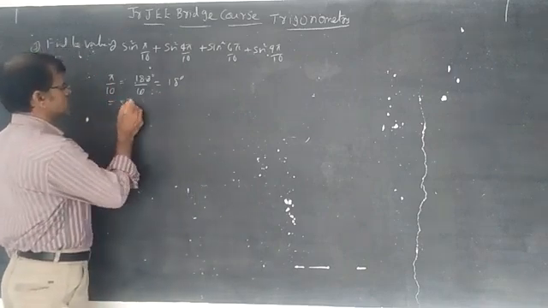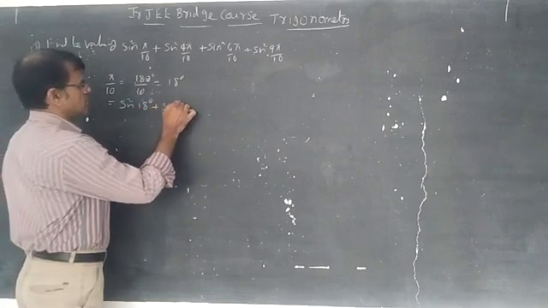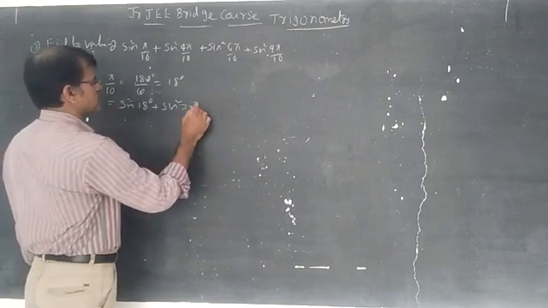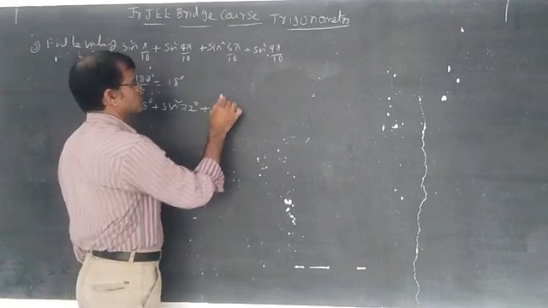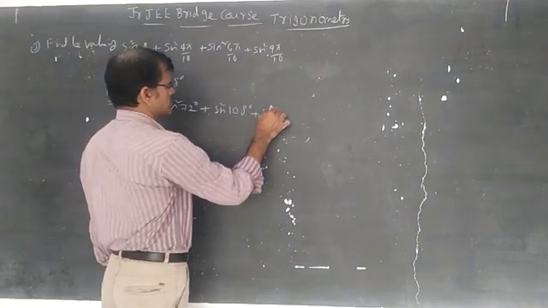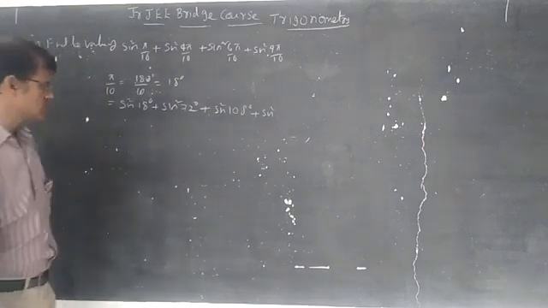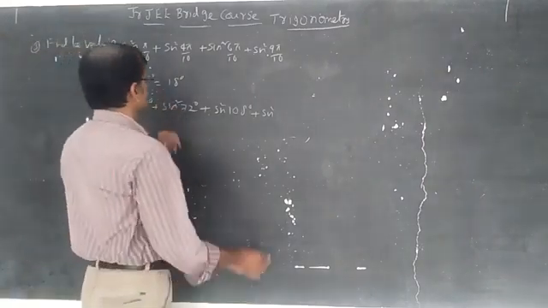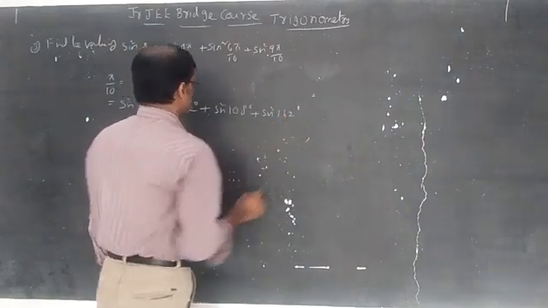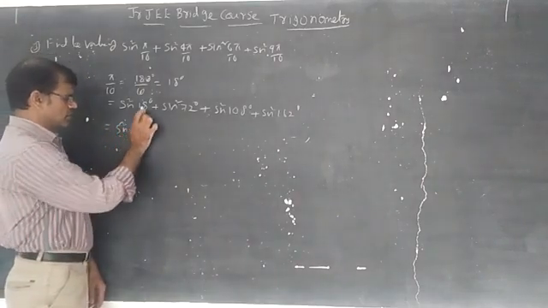So it is sin square 18 degrees plus sin square 72 degrees plus sin square 6 into 18, which means 108 degrees, plus sin square 9 pi by 10, so 9 into 18 is 162 degrees.